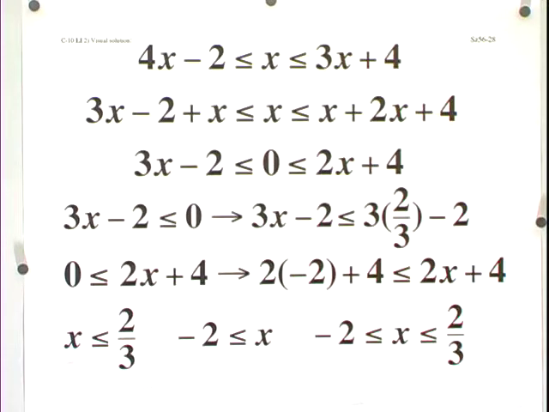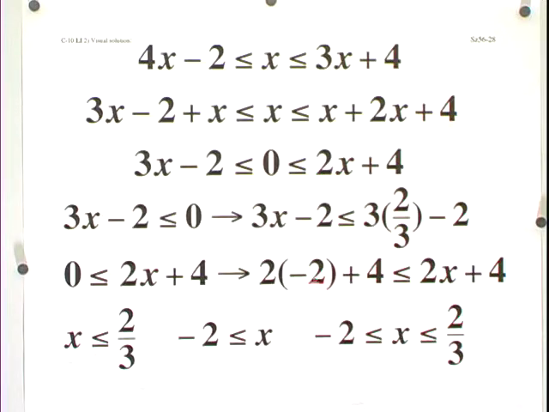Now for the second one, 0 is less than or equal to 2x plus 4. Here it is written again. I'm going to add to this side the 0. I'm going to write plus 4 minus 4. And I wrote minus 4 as 2 times minus 2, because this coefficient is easy, 2.